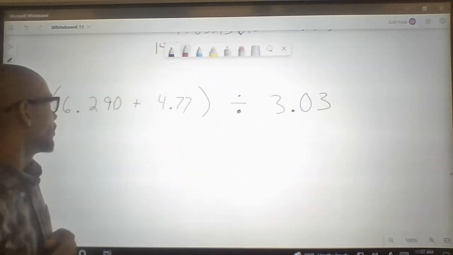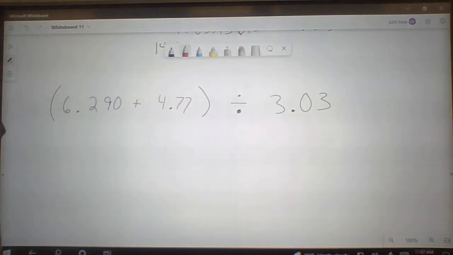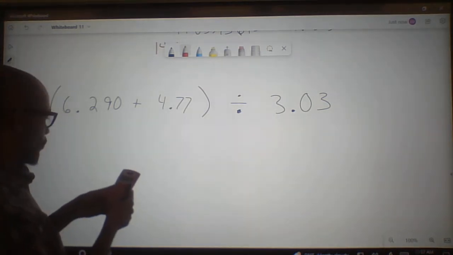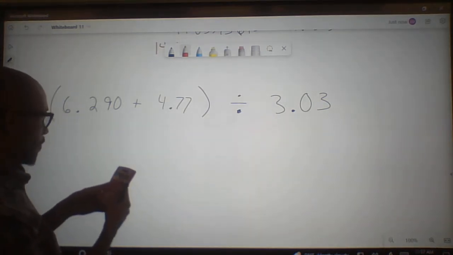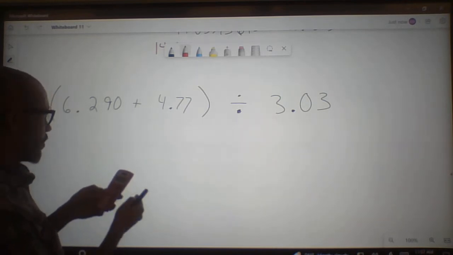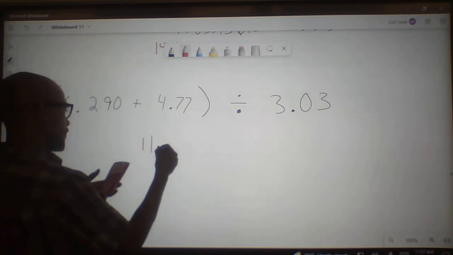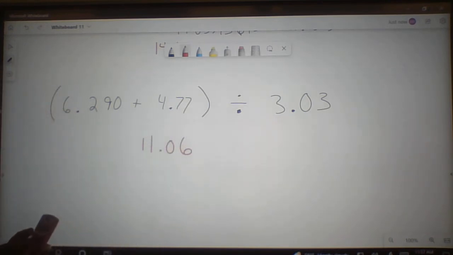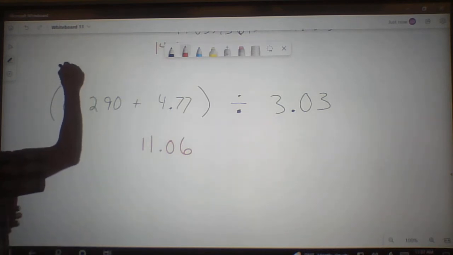All right. So we'll go ahead and start doing the math. 6.290 plus 4.77. So this would give us 11.06. This one is 4 significant figures.